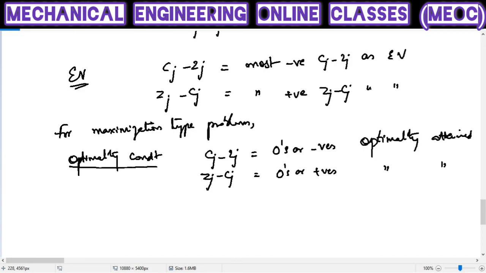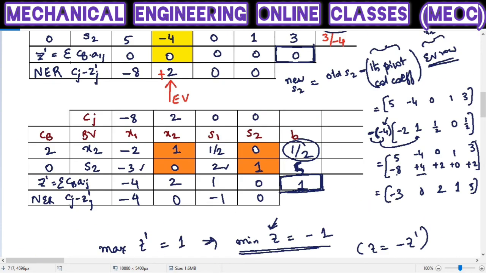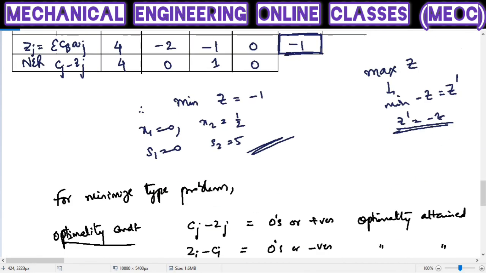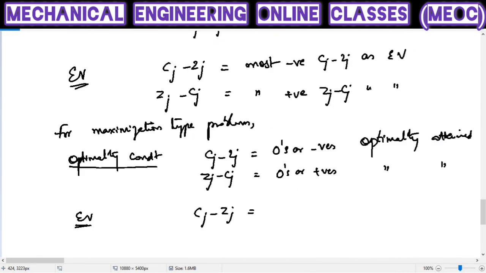And similarly for an entering variable, how do we check? If you are checking with Cj minus Zj, then for a max type of problem, the one with the most positive Cj minus Zj is the entering variable. Most positive. Here it is most negative, right?